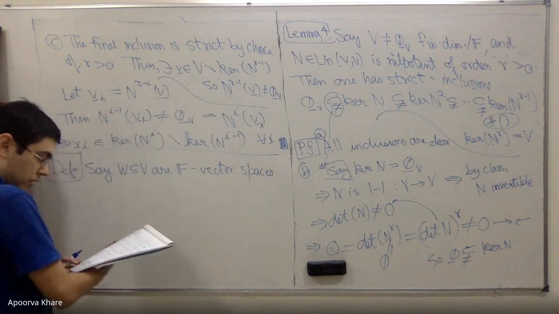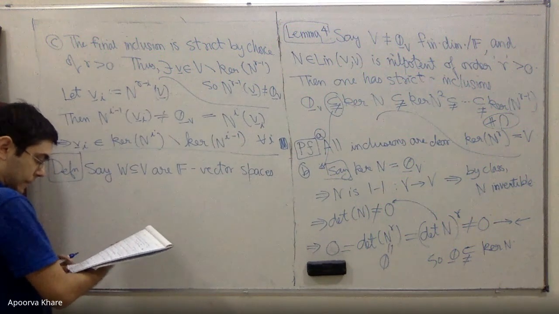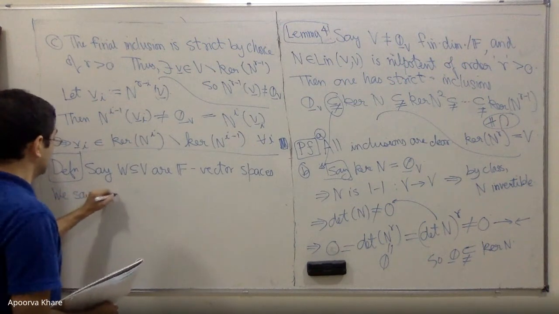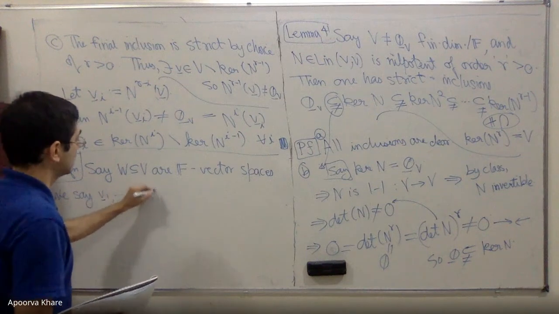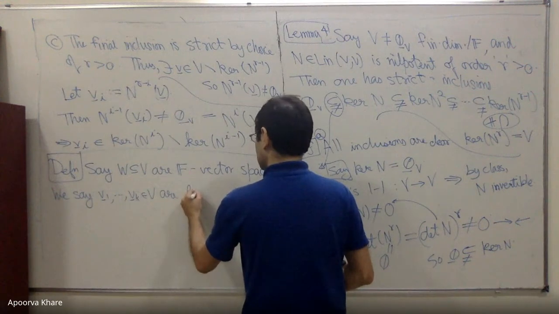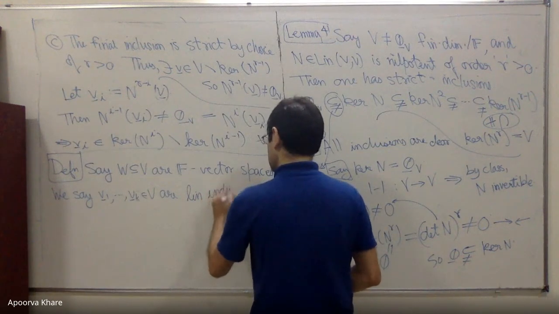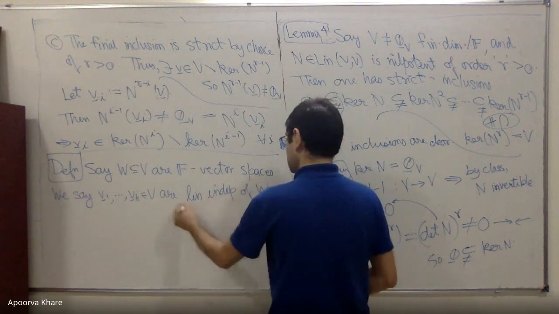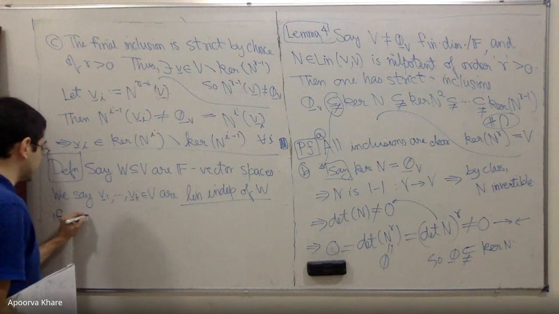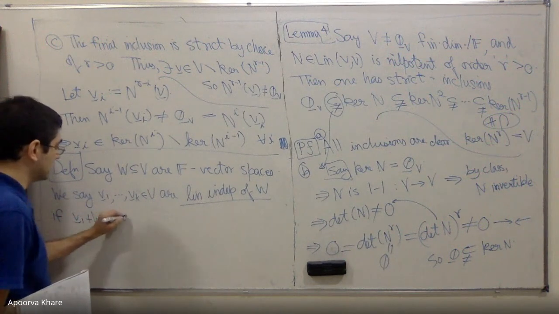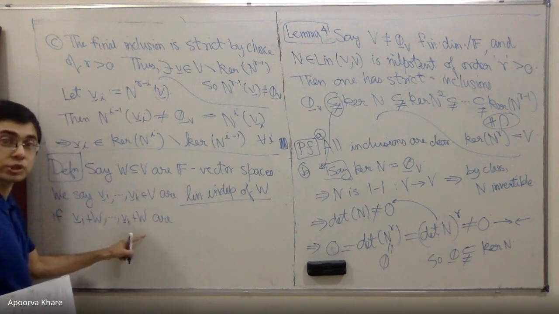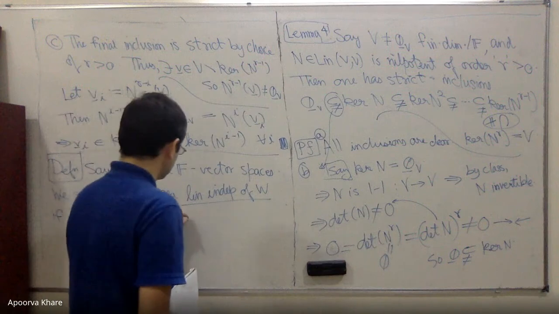We say vectors v1, v2, ..., vk in V are linearly independent of W if, essentially, the cosets v1 plus W and so on, the equivalence classes if you will, which are elements of the quotient space V mod W, are linearly independent in V mod W.